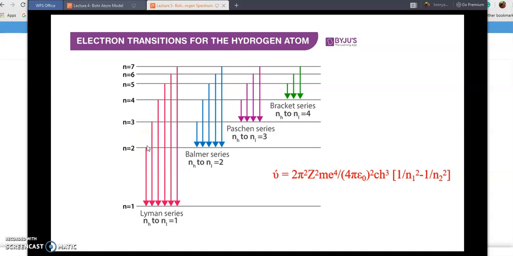The frequencies of the spectral lines of the three series calculated by using this equation were determined experimentally, and the agreement between the experimental and the calculated values was very excellent. This offered a very strong support to Bohr theory of the hydrogen atom.